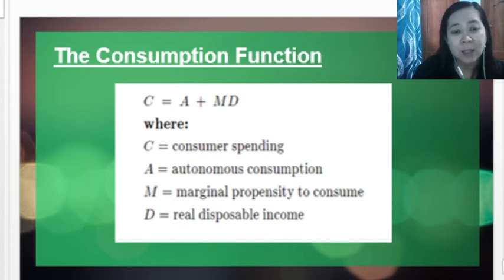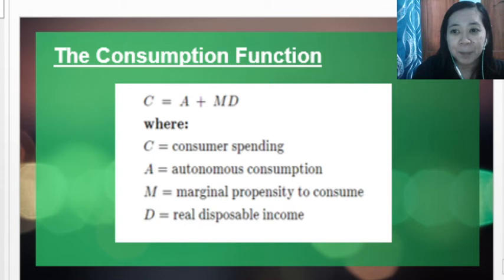M here stands for marginal propensity to consume. In economics, marginal propensity to consume, or MPC, is the proportion of the aggregate raise in pay that a consumer spends on the consumption of goods and services as opposed to saving it.